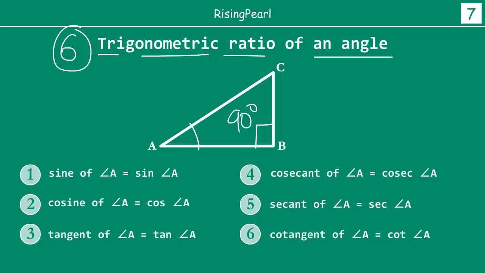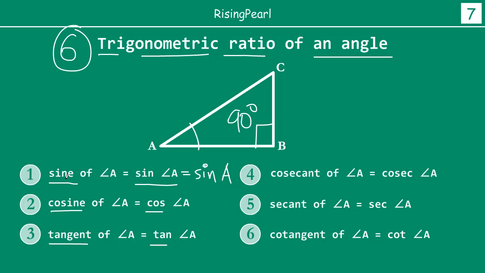Friends, here we live in the world of Twitter and Facebook and all that, LOLs, right? So we don't like to have a lot of long words or sentences. So sine of angle A is abbreviated, as you will see later on, as sine angle A or sine A. Similarly, cosine will be written as cos angle A or cos A. Tangent is written as tan angle A or tan A. Essentially, we will also drop the angle symbol from here.